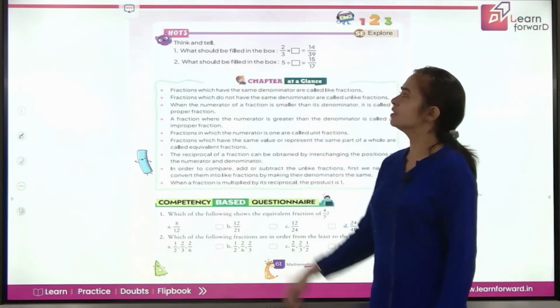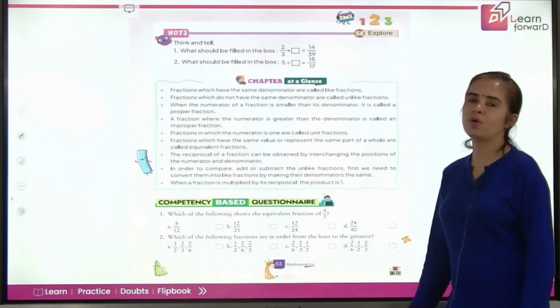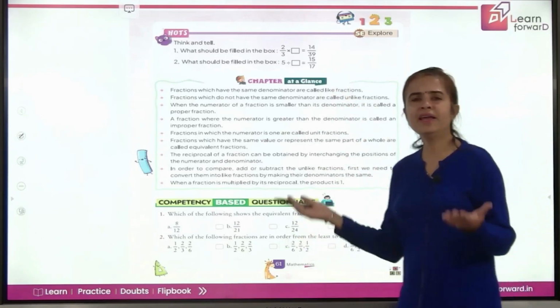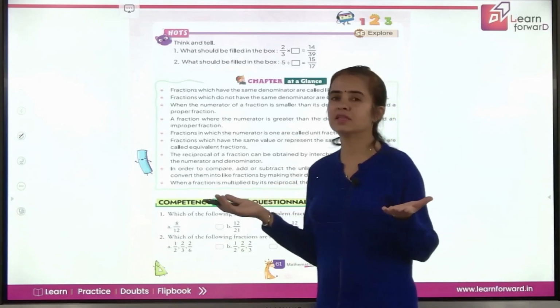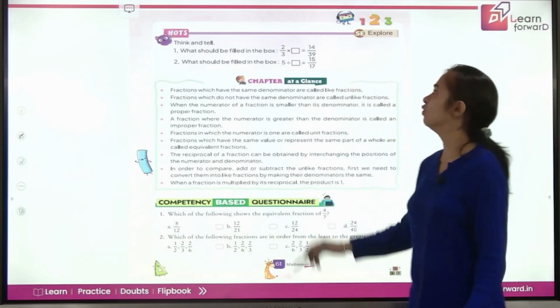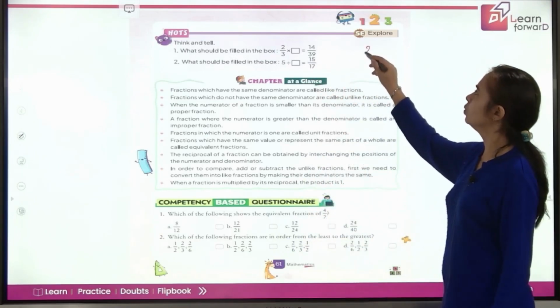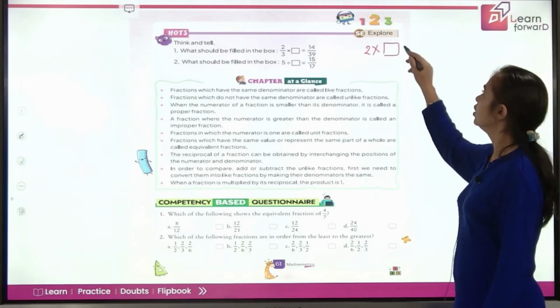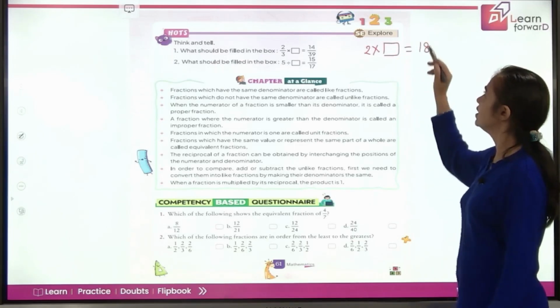Now in HOTS, think and tell what should be filled in the box. How do you do such questions, children? You might get confused with fractions, but when it comes to simple numbers, I'll show you how they work for you. You have a number 2 multiplied by, you don't know which number is there, but you know that the product is 18.